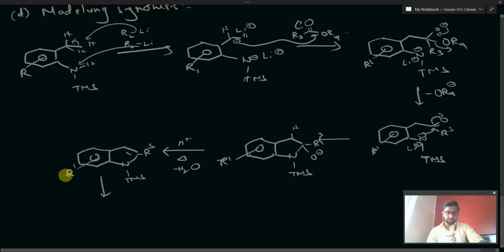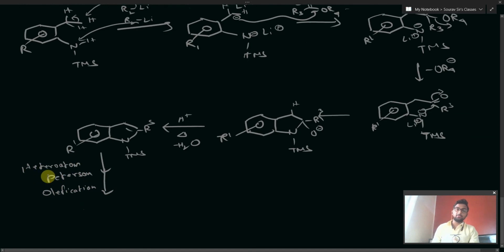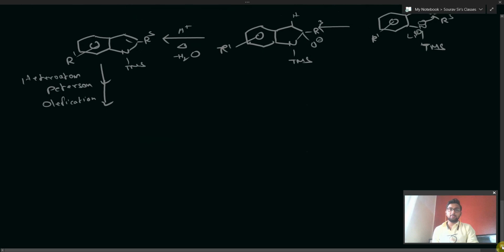So that step can be done by heteroatom Peterson olefination. That is an extremely huge reaction. I won't be able to explain it in this video, so you can just check it up on Google, and then you will be getting the answer.